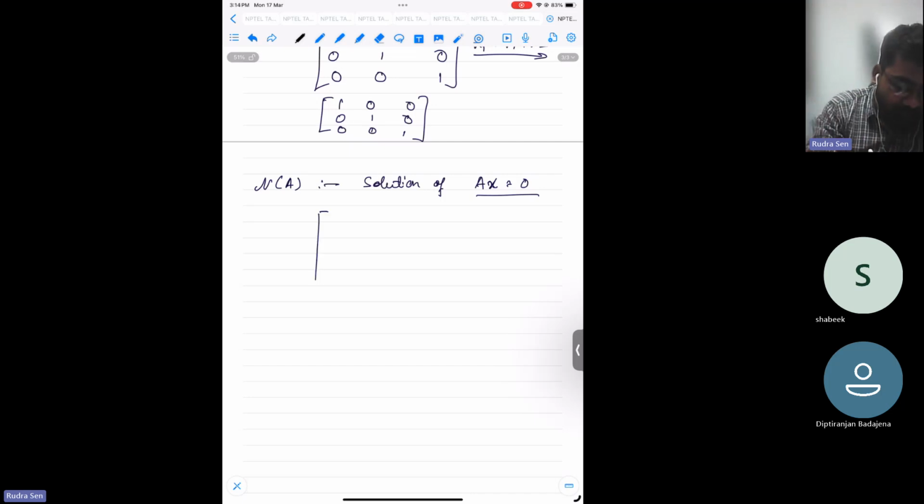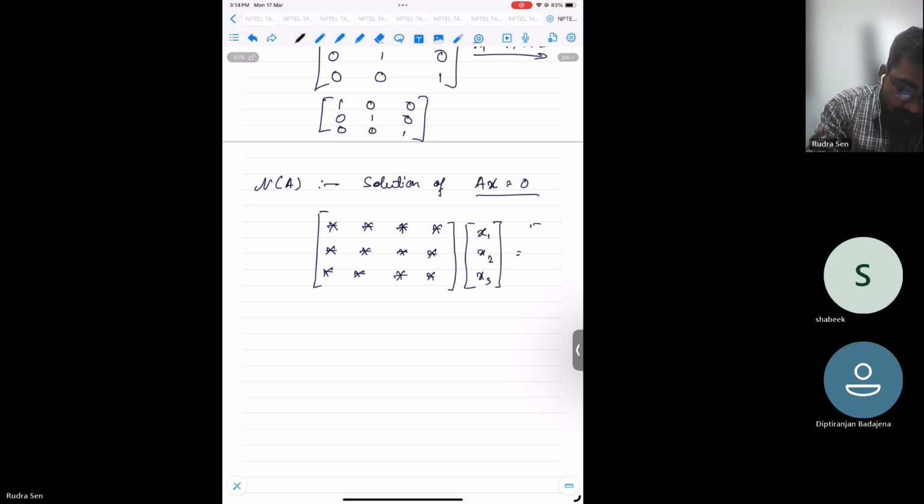So let's say we have something like, I'm not writing anything, just to show. Let's say I have a 3 cross 4 matrix, okay? And I have something like x1, x2, and x3, and x4.